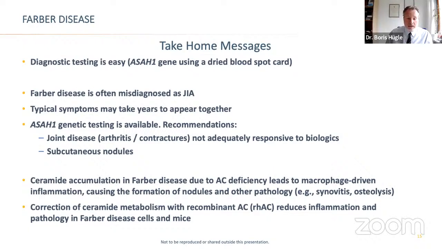And the arthritis doesn't really respond to anti-rheumatic treatments, including biologics. Yes, and ceramide accumulation in Farber's disease leads to macrophage-driven inflammation, which is very similar to other forms of arthritis, but the nodules are not. Next slide.